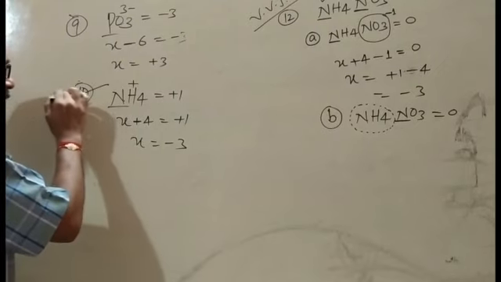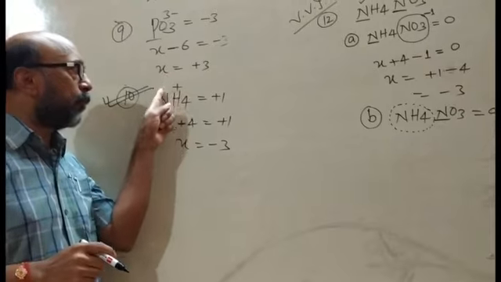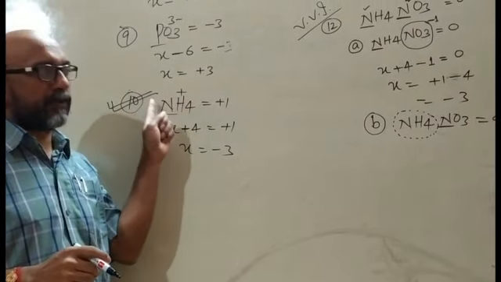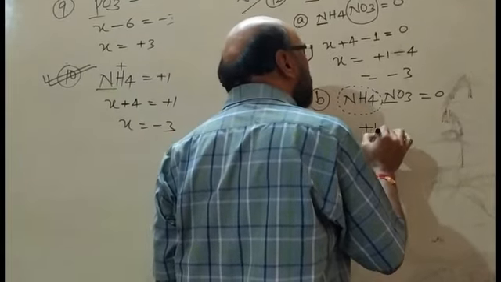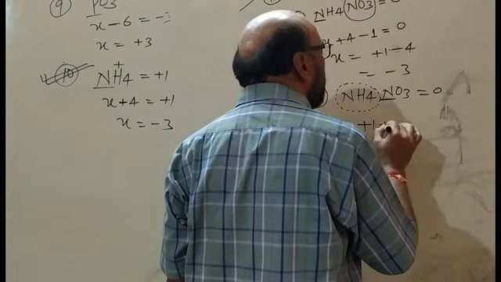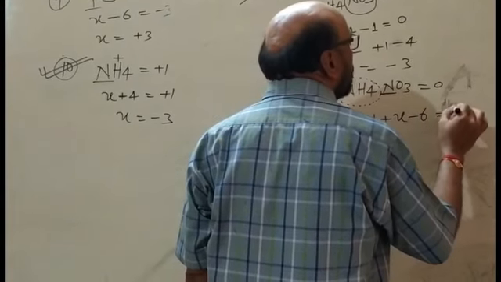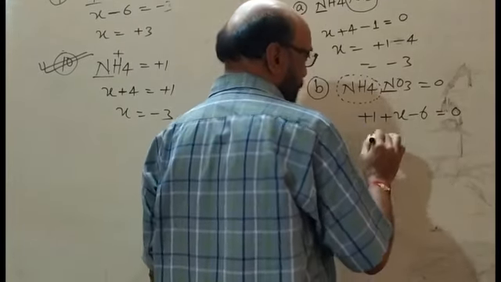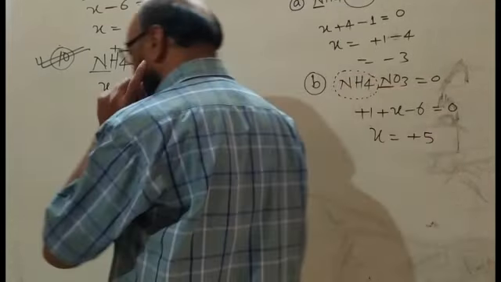In the 10th question we practiced that NH4 as a whole contains +1 charge. So we shall use +1 for NH4 plus, the ammonium ion, X for this nitrogen, and -6 for 3 oxygen atoms. X is equal to +5 here.